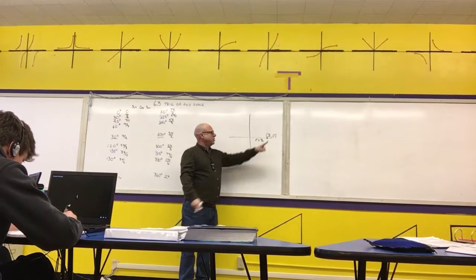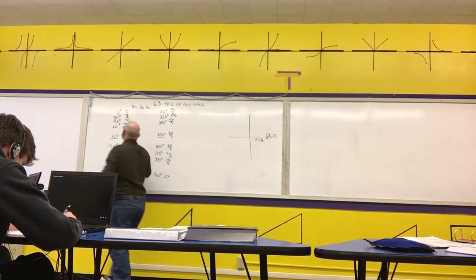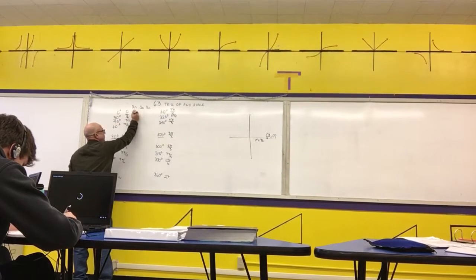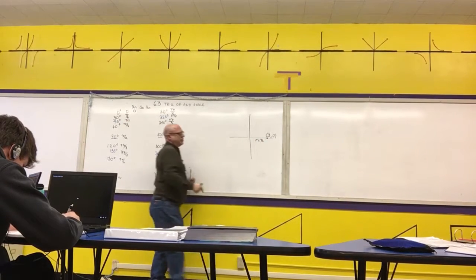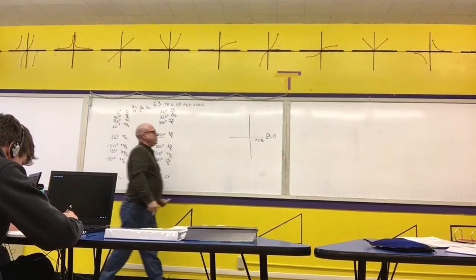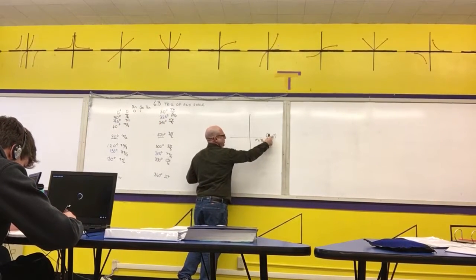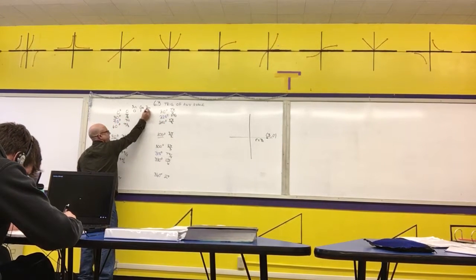Okay, so sine is y over r. 0 over 3 is 0. Cosine is x over r. 3 over 3 is 1. Tangent is y over x. 0 over 3 is 0.